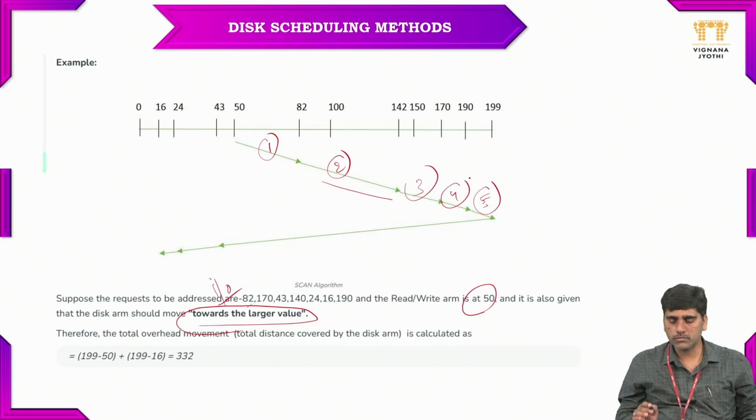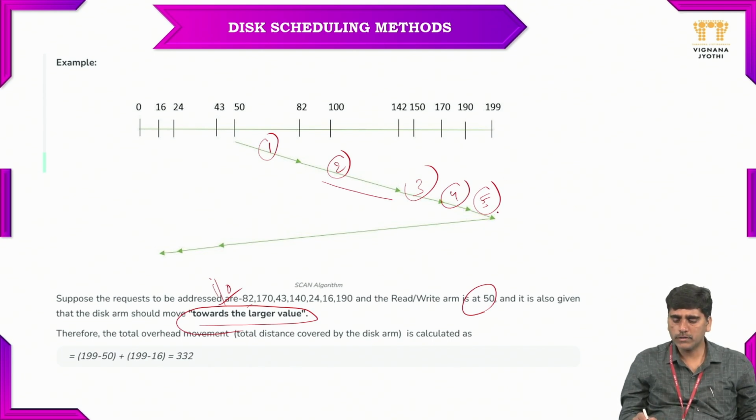So all this comes in the same direction. After reaching the end of the disk, it has to take the reverse direction to its remaining values.